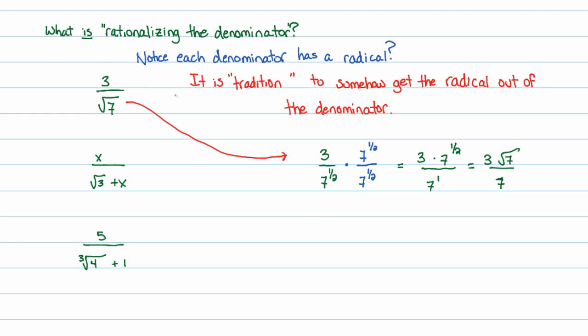Just like in the second example here, I'll want to multiply that denominator and the numerator by some half power of 3, but it's going to be a very special version. So I'm not going to talk about it yet. Let me get into why this is a traditional approach first, and then I'll go into how you do these last two.